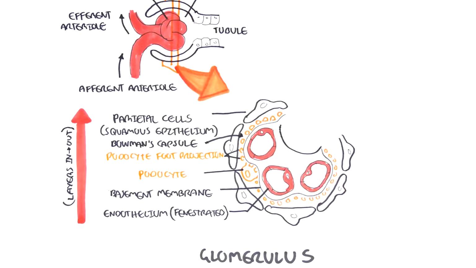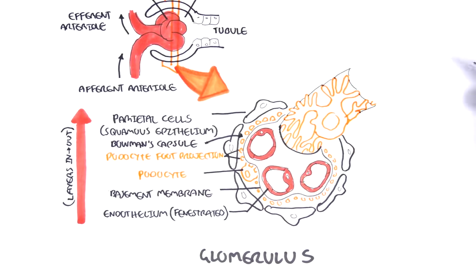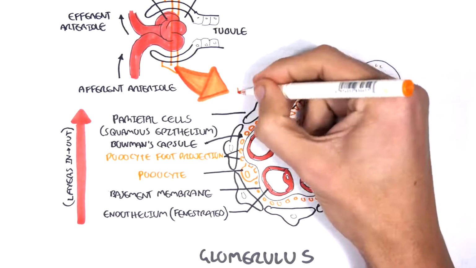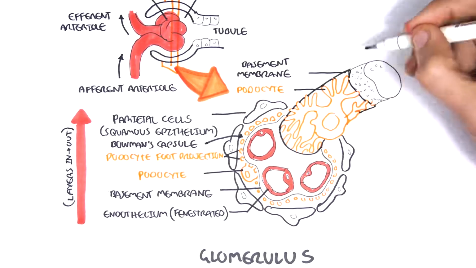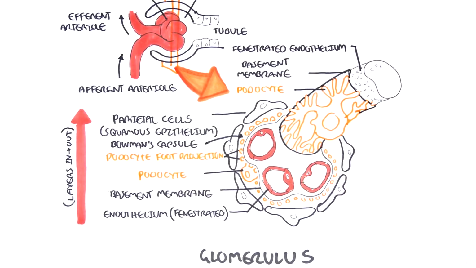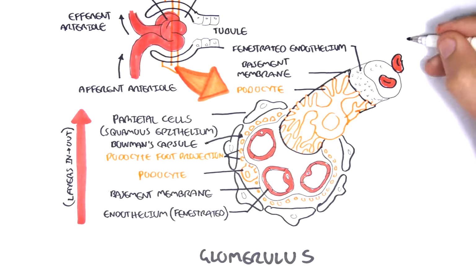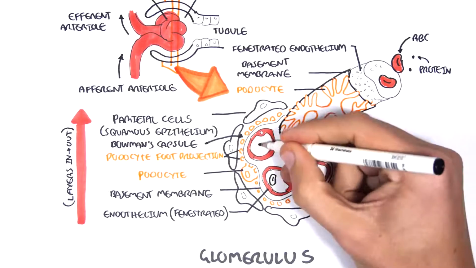Let us pull one of these vessels out, and as you can see, the podocytes are surrounding it with the foot projections. Then below it is the glomerular basement membrane, and then the fenestrated endothelium, the innermost layer. And within the blood vessel, we can find proteins and we can find red blood cells.